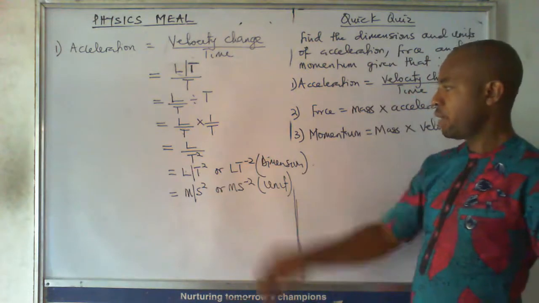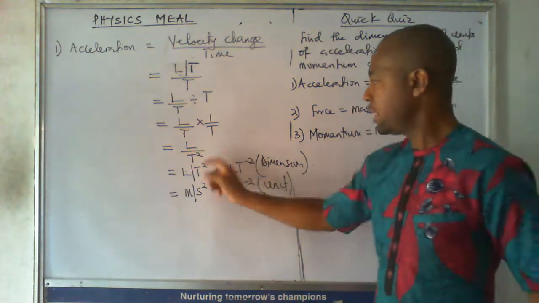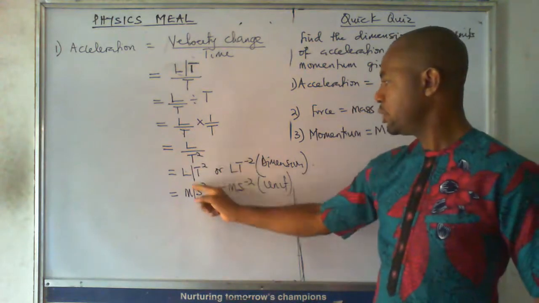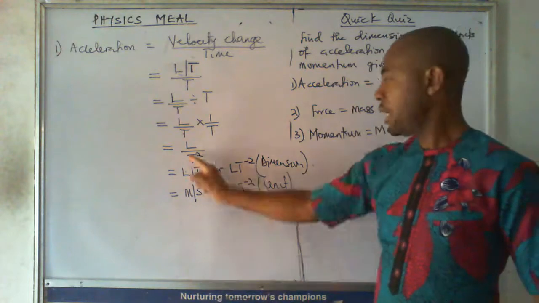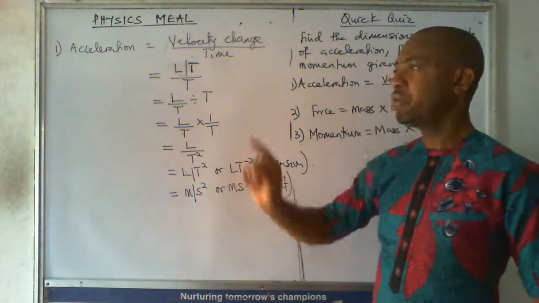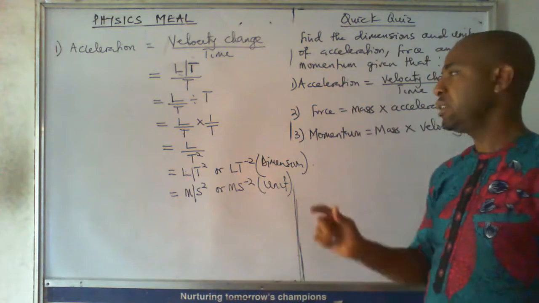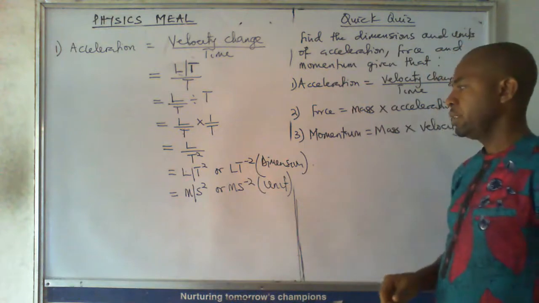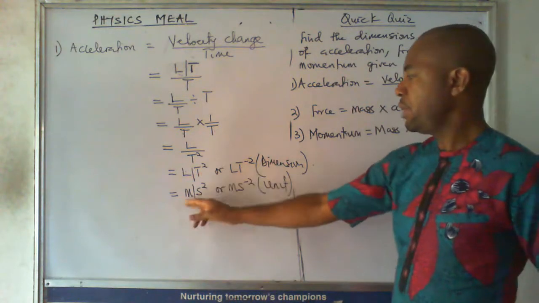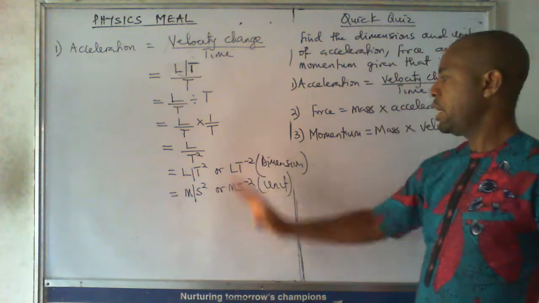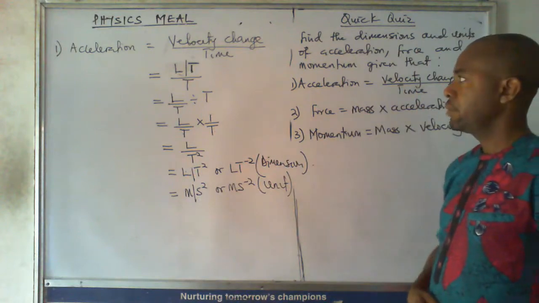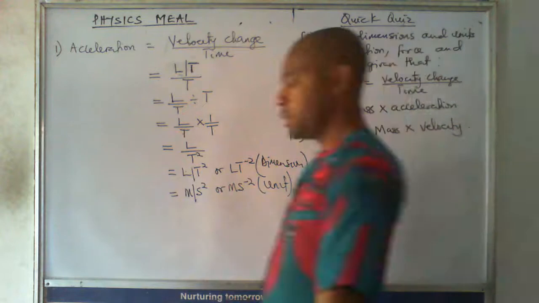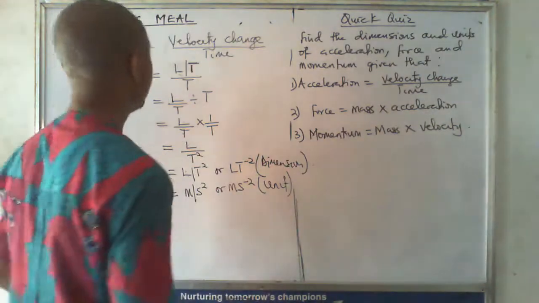At the end of the day, we arrive at length per time squared. Remember, if we don't want to put this division line, we have to replace it with a negative what? A negative sign. All right. Now, when we replace the dimension with the appropriate unit, we can obtain what? The units of the quantity.